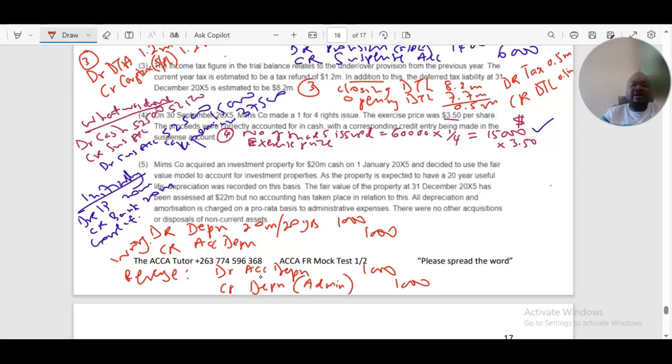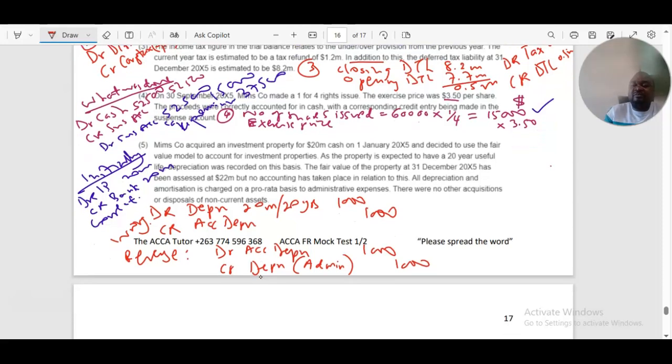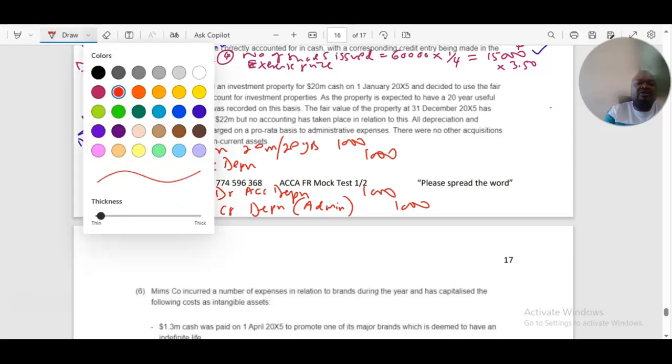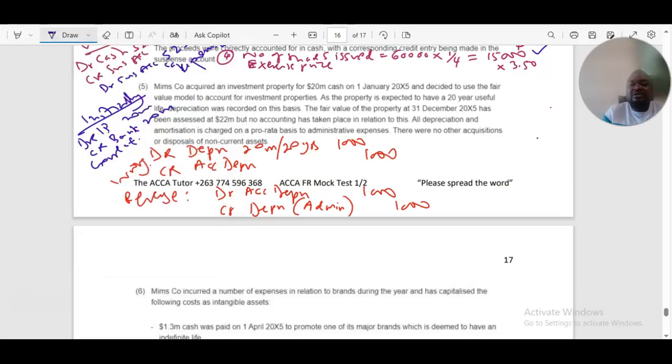The last part of this working should be dedicated to the aspect to do with the fair value movement, the fair value adjustment. Because we are told that it moved from 20 million to 22 million at 31 December.